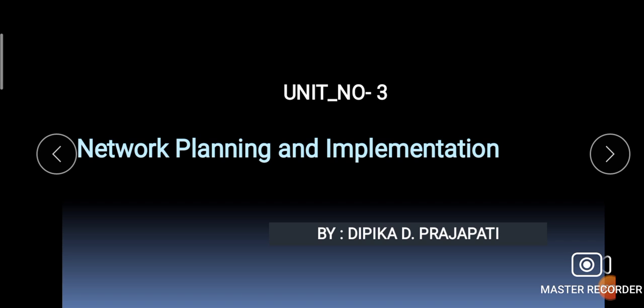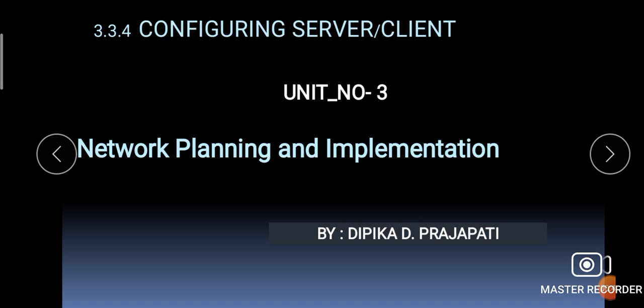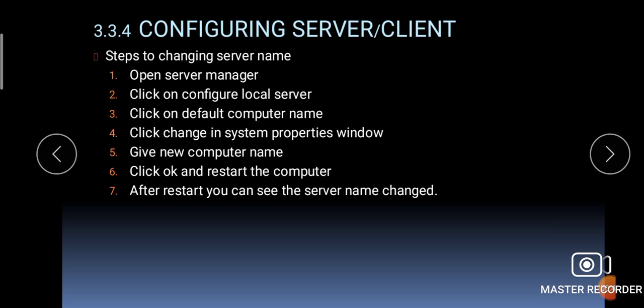If we want to configure between a server and client, what steps do we follow? We can configure between server and client using the following steps. The first step is configuring the server client, and the first part is changing the server name.